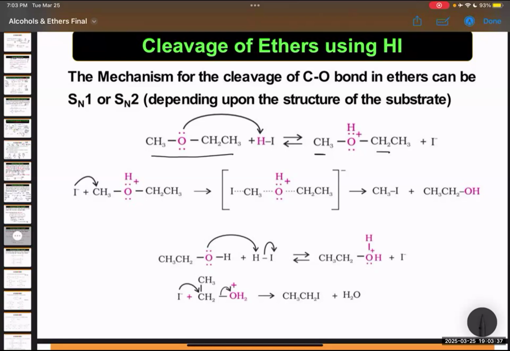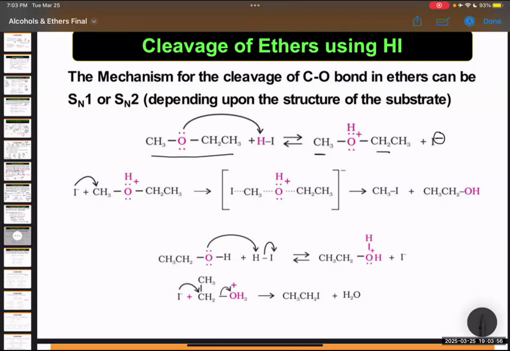So if they are not going to form a cation on their own, now what to do? Now I minus will come in and attack on the carbon and will push out the oxygen. The oxygen is not going to break on its own. It will be pushed away by the I minus.